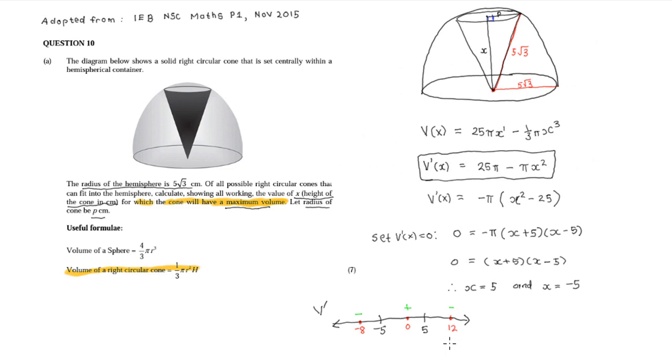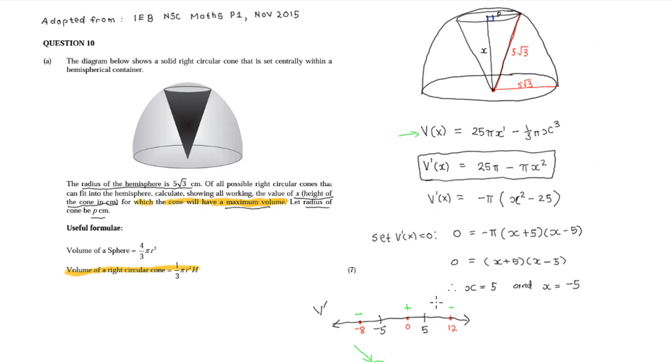So our original function v of x, the function that is mapping the volume of this inscribed cone, is decreasing to the left of the critical point of minus 5. And at minus 5, since that's a stationary point, the gradient of the tangent line is 0.